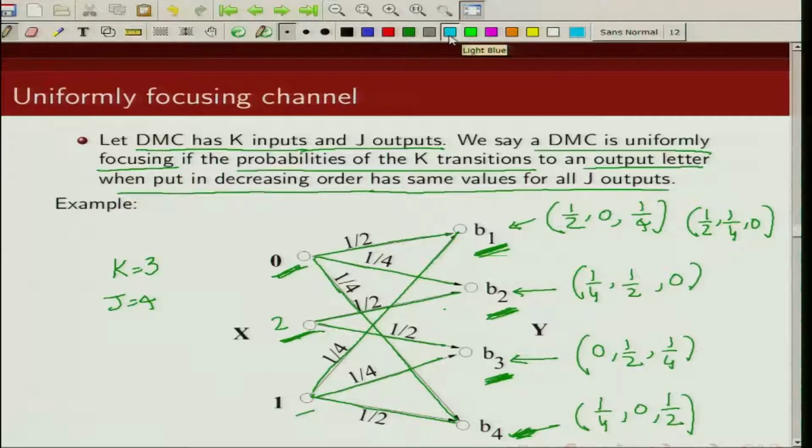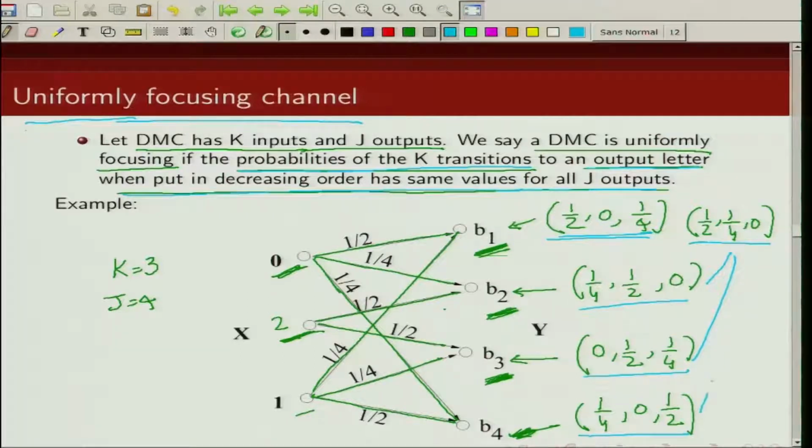So note that the probabilities of all these k transitions to any output letter, when put in decreasing order, if they have the same values for all j outputs, then it is a uniformly focusing channel. In this case, if I put this in descending order I get this, and the same for the others.